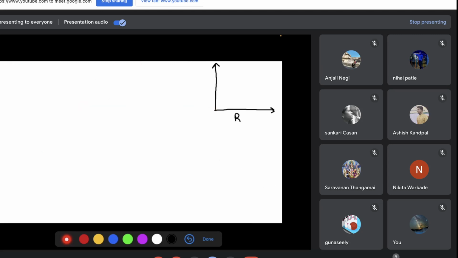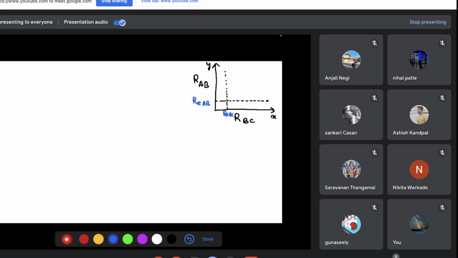So here the reaction coordinate along the x-axis is RBC and along the y-axis is RAB. So here I have R equilibrium AB and here I have R equilibrium BC.